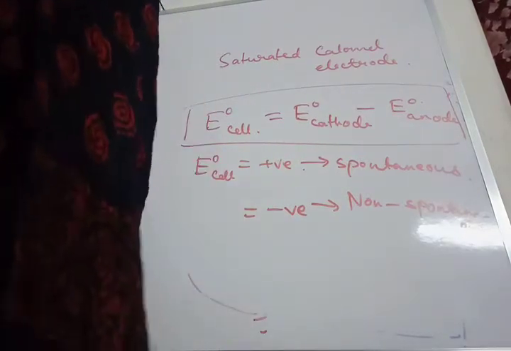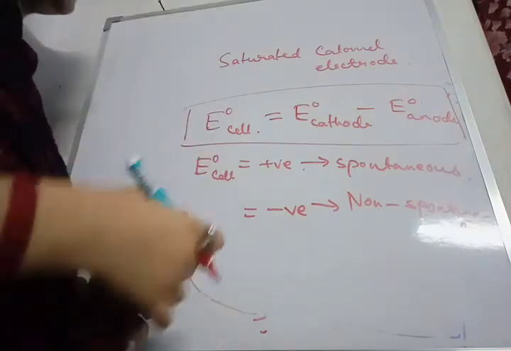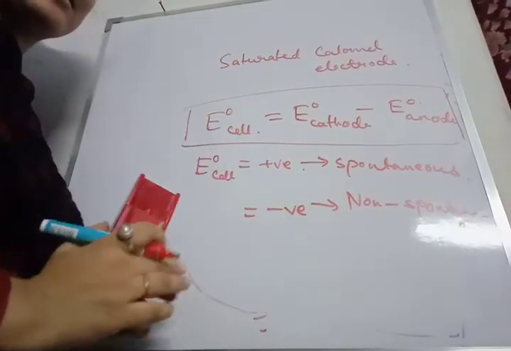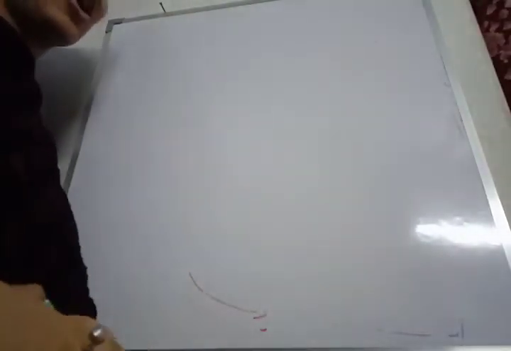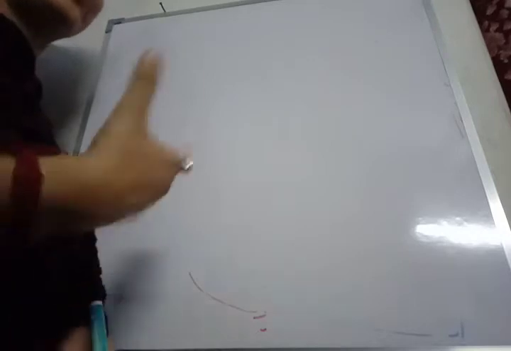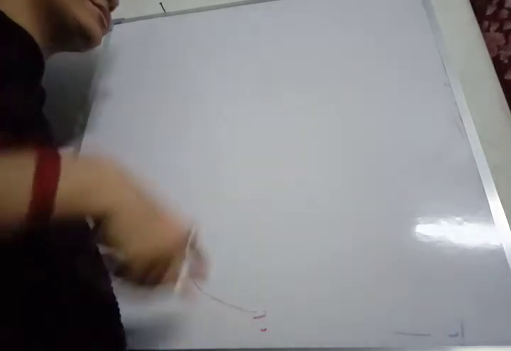Now when I'm talking about a galvanic cell, after some time it stops working. Now why is it so? Because in a galvanic cell, at the oxidation half cell, oxidation occurs, and at the reduction half cell, reduction occurs. So what happens?